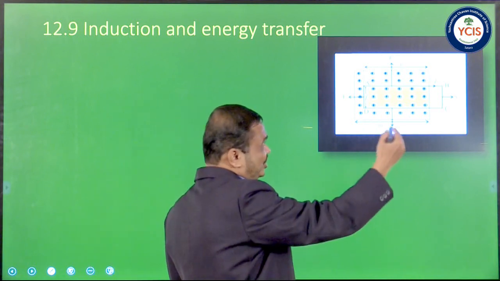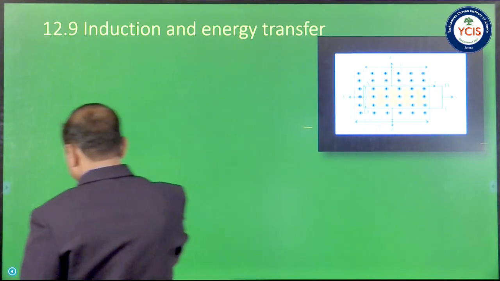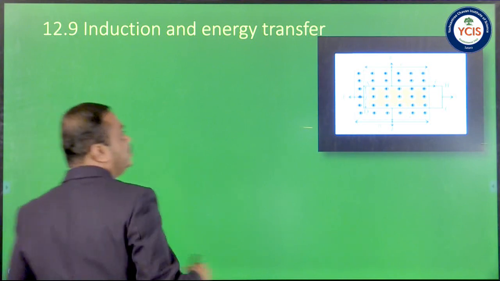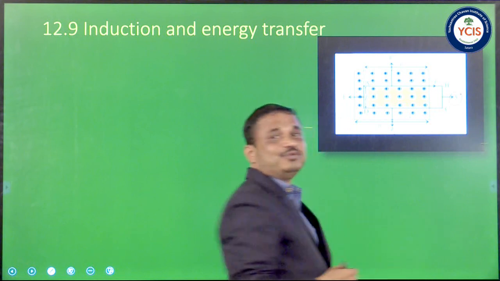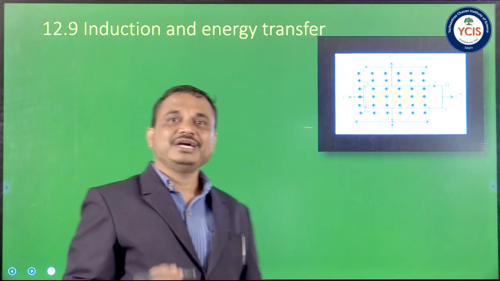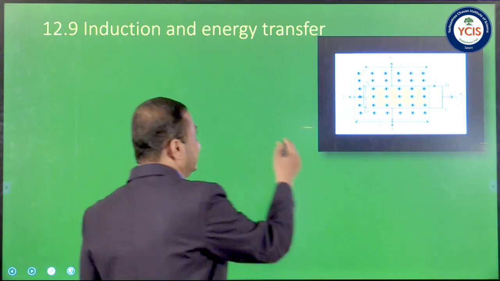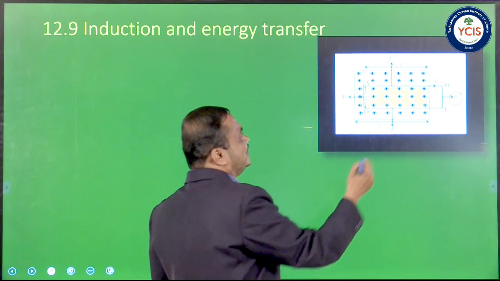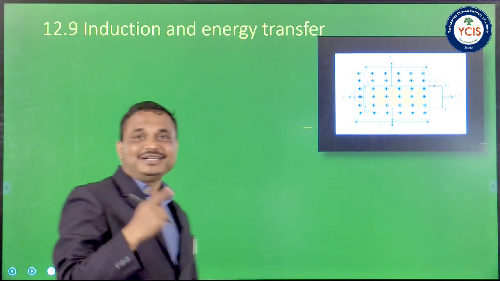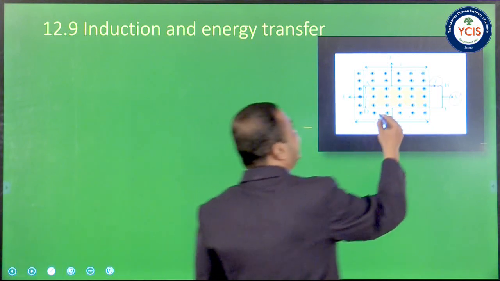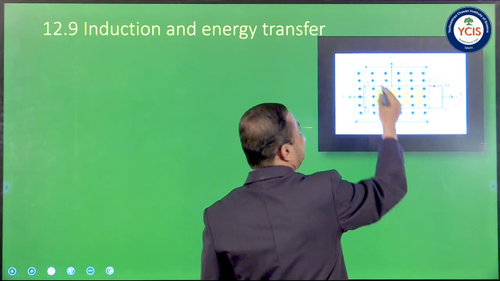When this conductor is continuously moving towards the right with uniform velocity v, then due to this motion an EMF or current is induced in the conductor, and suppose the current I is induced in a clockwise sense as shown in the figure.